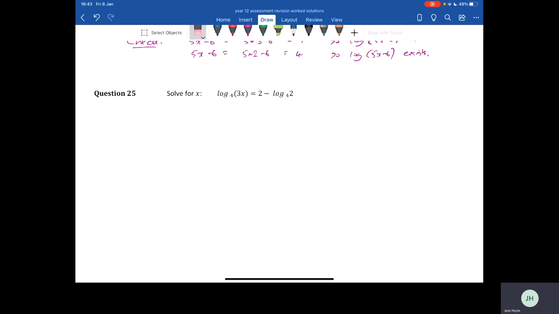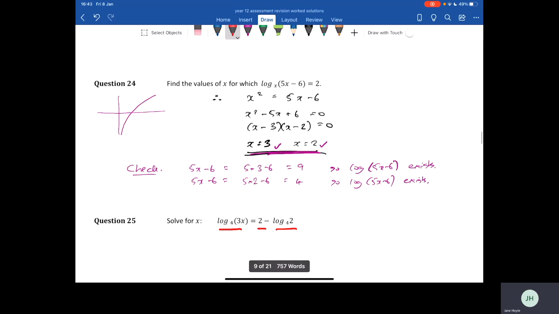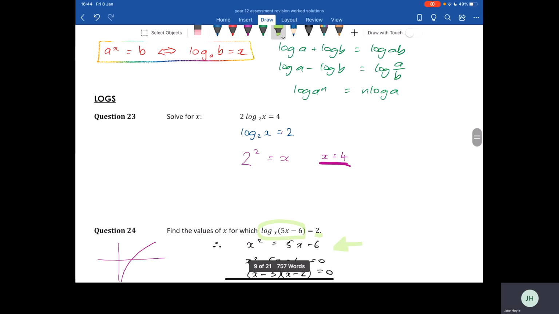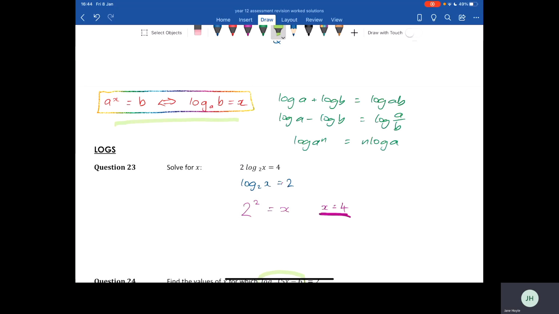Okay, now this one here. This is tricky because we've got 3 terms. We've got 1, 2, 3 terms there. When we had in the previous question a single log together with a number, we could get rid of the log by using this statement here.